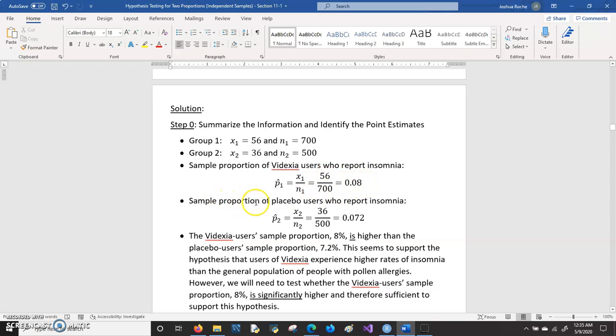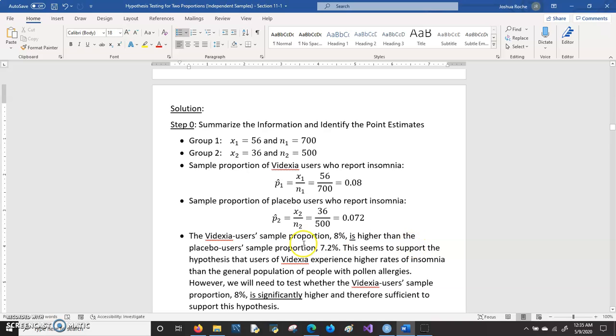The sample proportion of placebo users who experienced insomnia is p hat 2. So you do x2 divided by n2, and it works out to 0.072. The Videxia users' sample proportion, the 8%, is higher than the placebo users' sample proportion, which was the 7.2%.